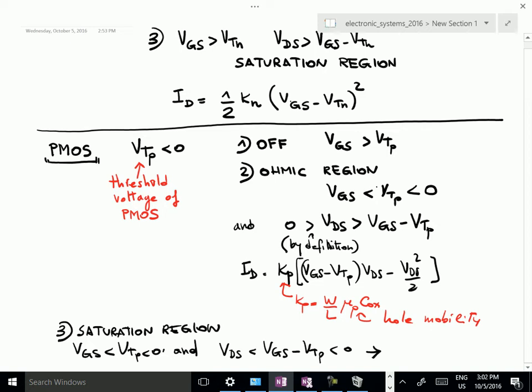In this situation, the current is equal to 1/2 times Kp times VGS minus VTP to the square power.